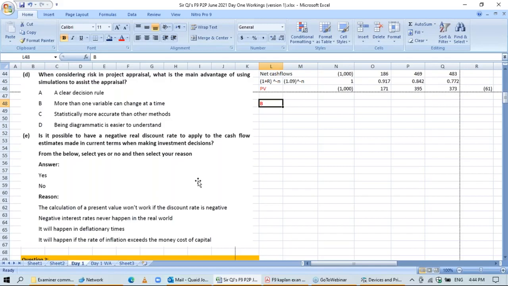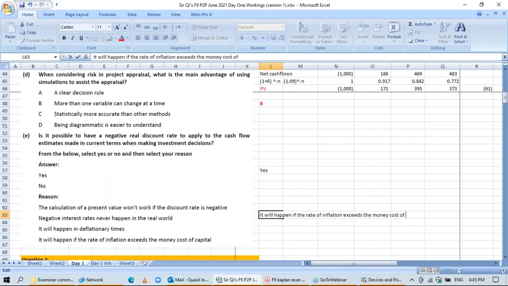So over here in this question, the answer is yes, and the reason is it will happen if the rate of inflation exceeds the money cost of capital.